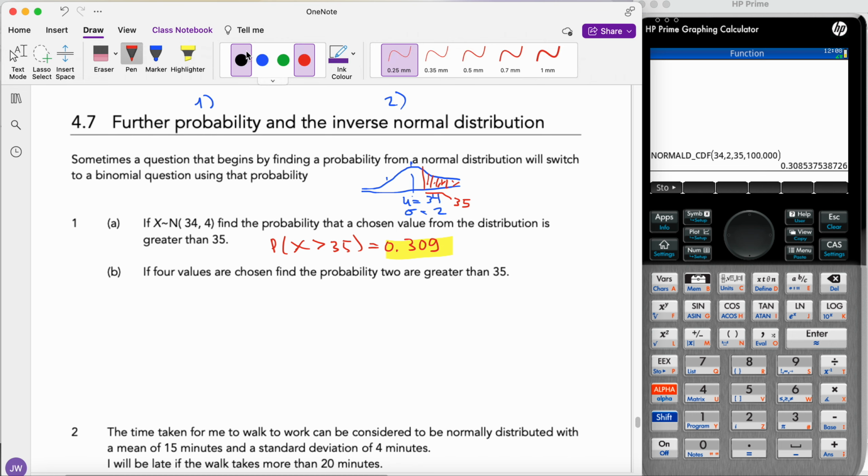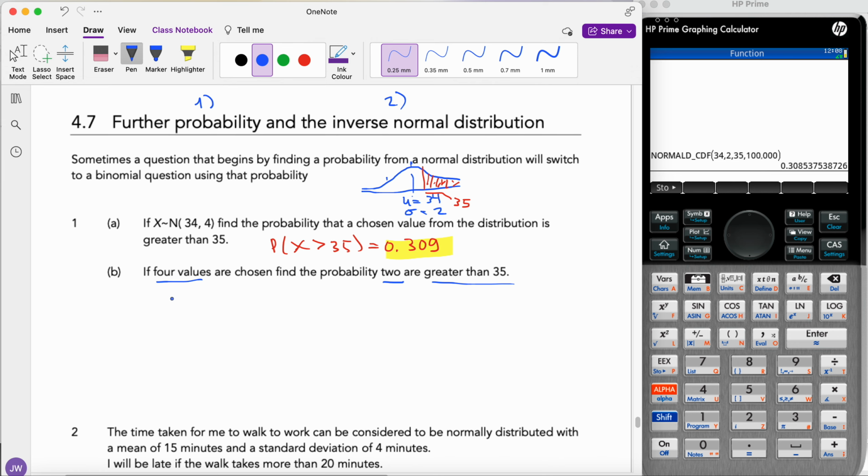So what happens now? Here we're asked, if 4 values are chosen, find the probability that 2 are greater than 35. Your random variable was the value. Here, your random variable changes, and what you now have is the number of values that fit.